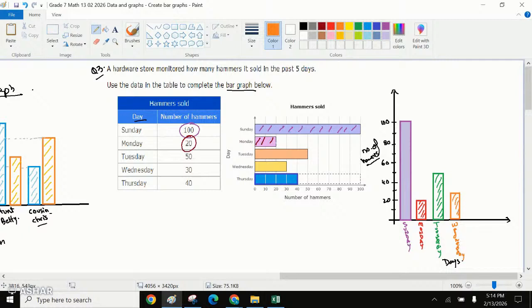And finally, Thursday is 40. We can show it by dotted lines that these are the values. And the last value would be a 40. We can say this is the last bar and this bar represents Thursday.